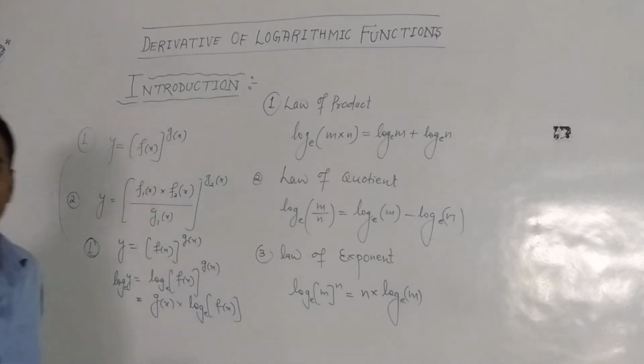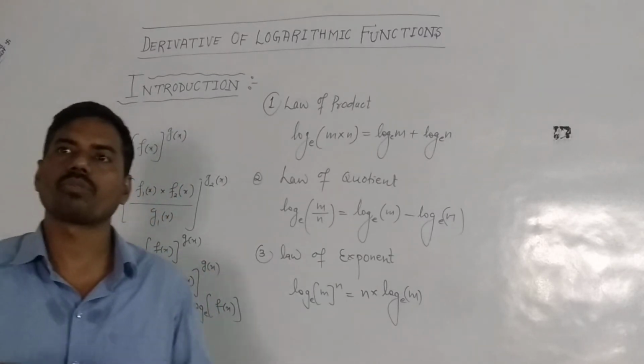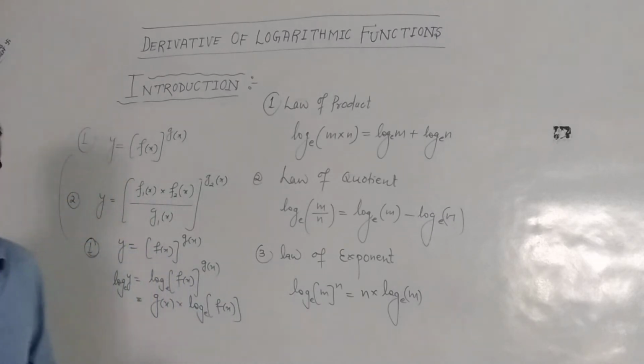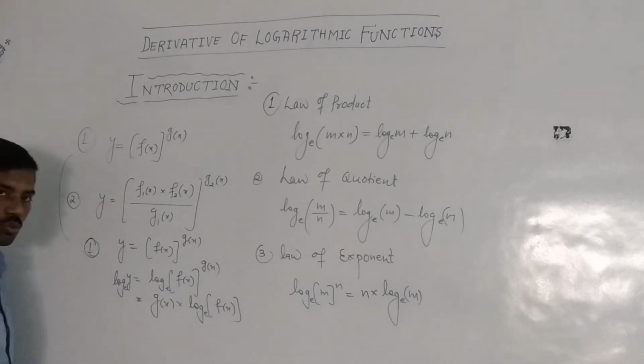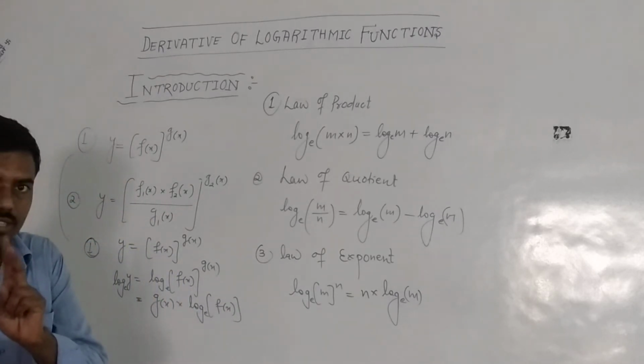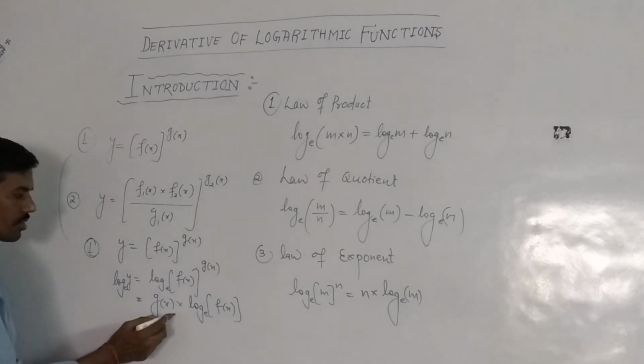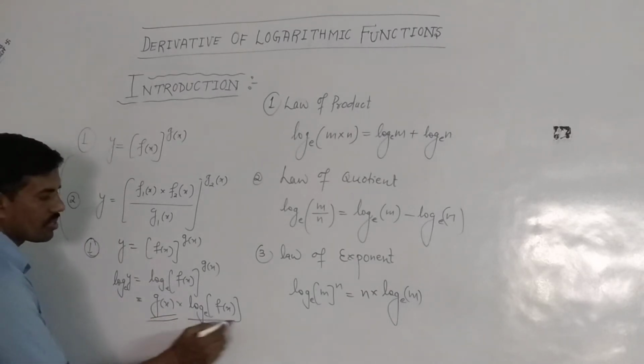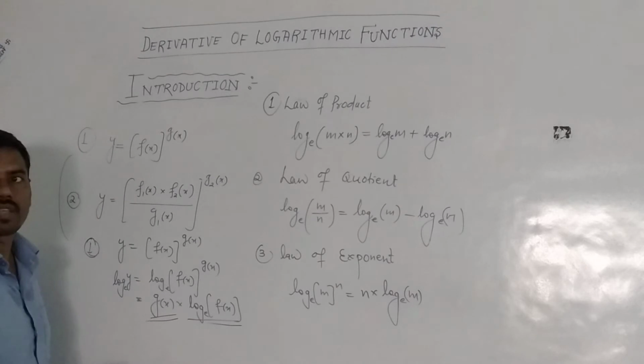Now if we have to differentiate the given function with respect to x, then we have the product of two functions. The first one is g of x and the second one is log of f of x.